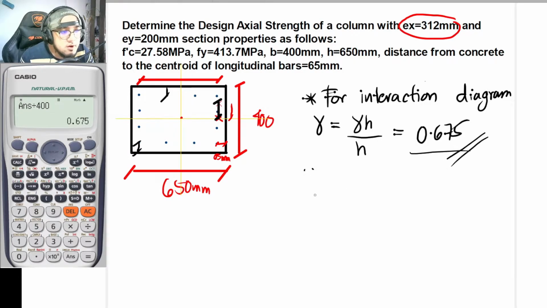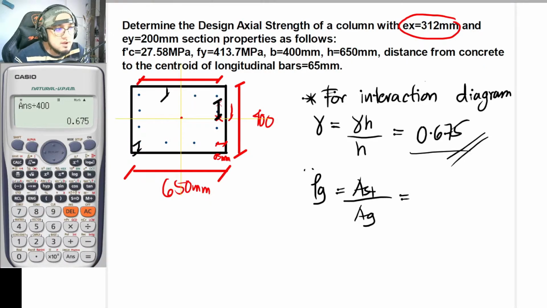Okay, so what's next? So solve din natin yung rho G. Yung rho G natin, area of the steel lang yan divided by gross sectional area. So hindi ko na i-substitute dyan sa board natin. Rekta na natin sa calculator. For the area of the steel, ang nasa problem natin, 28 mm rebars ginamit, and we have here 12 pieces of rebars kung bibilangin nyo man.